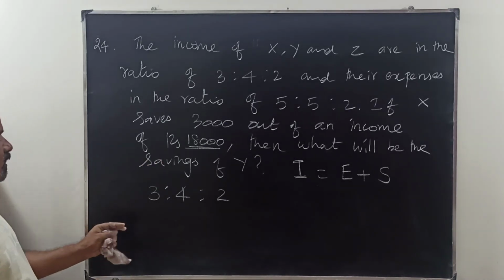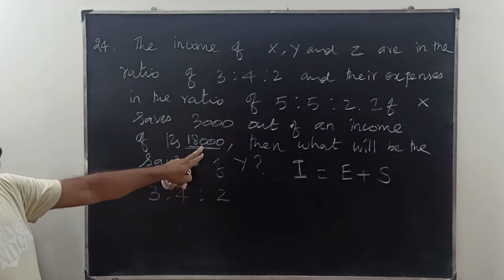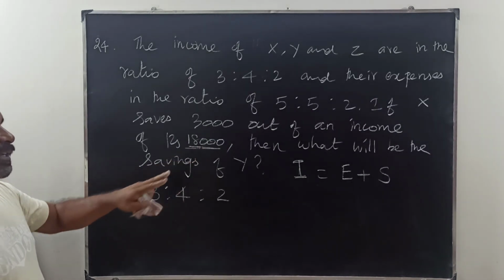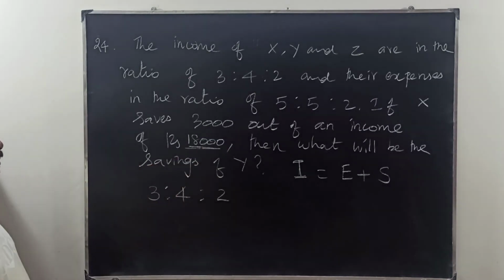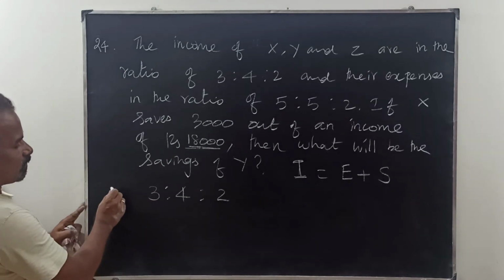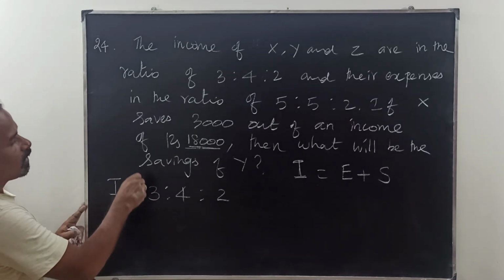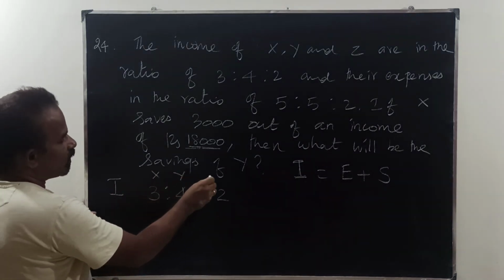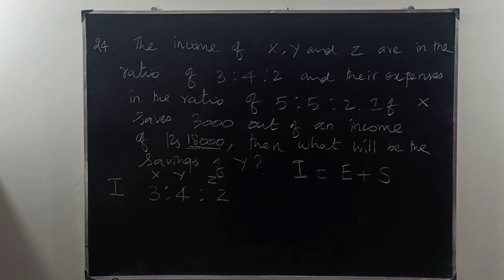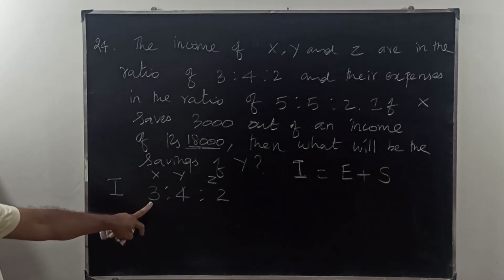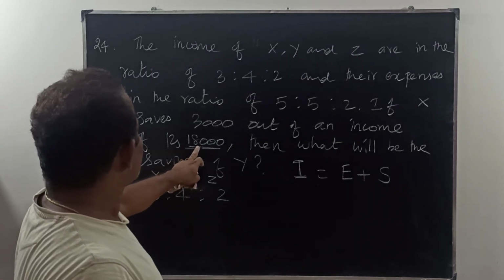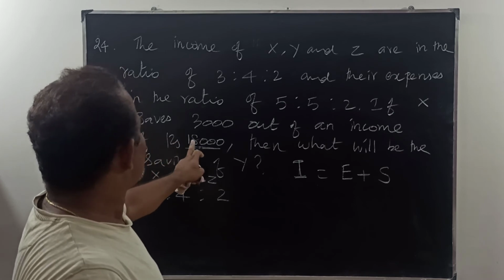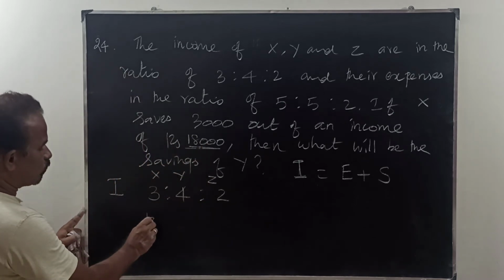Okay, we can get it. 3x is 18,000. Therefore, x is 6,000. So this is the income of X, Y, Z. Income of X is 18,000.